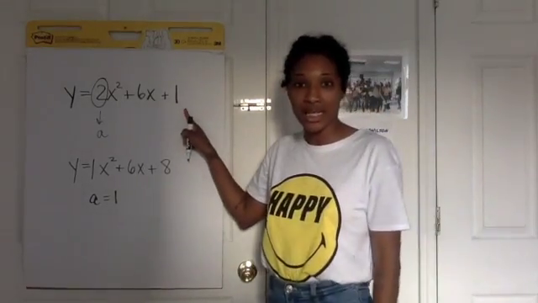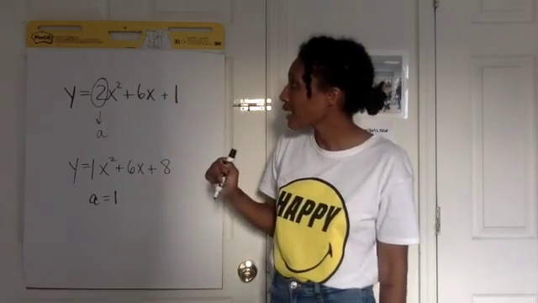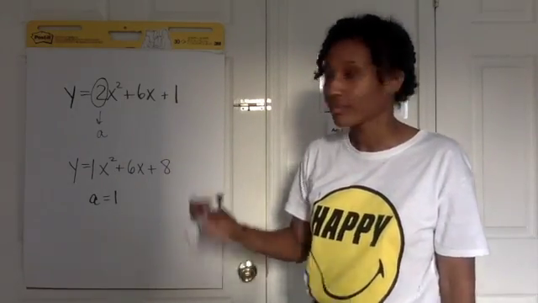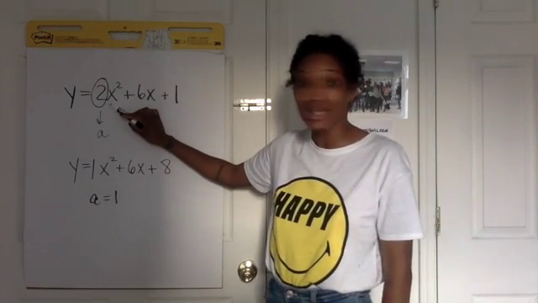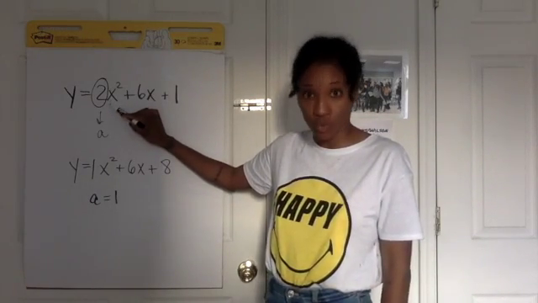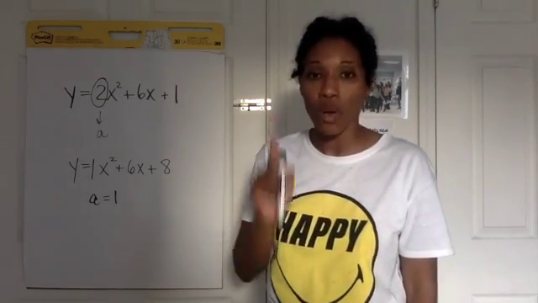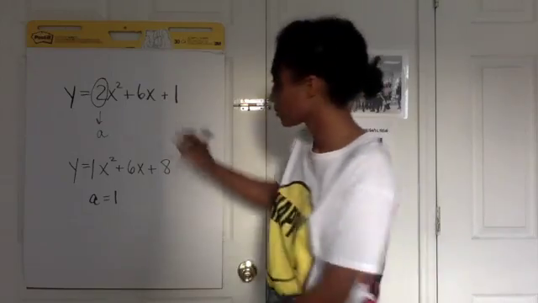But let's take a look at this example above it. y equals 2x squared plus 6x plus 1. Our leading coefficient is not 1, it's 2. When our leading coefficient is not 1, we want to use the quadratic formula.